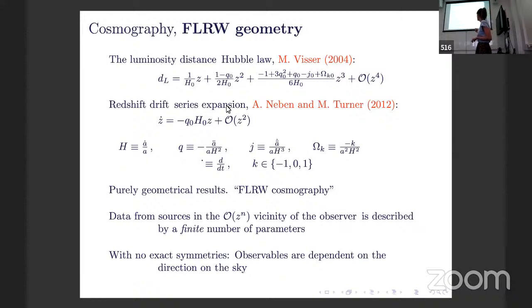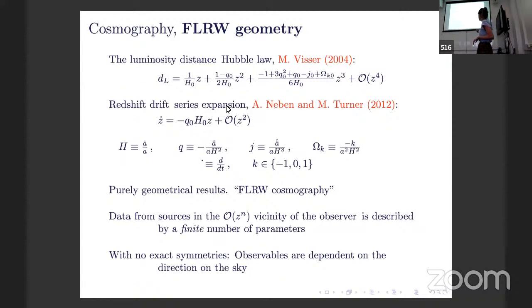And when we go to a higher order, we have the deceleration parameter entering. It is defined as the second time derivative of the FLRW scale factor, and it comes with a minus sign by convention. When we go to higher order, we have curvature entering through the FLRW curvature parameter.